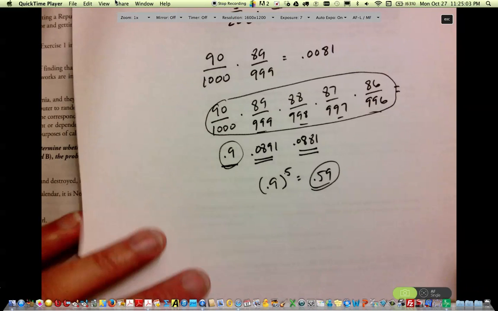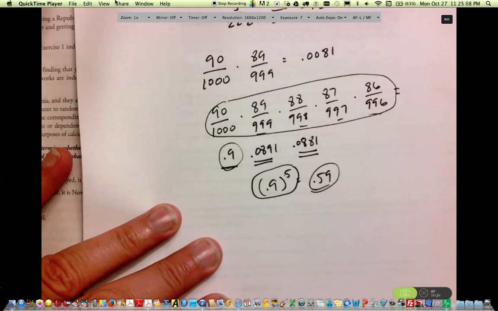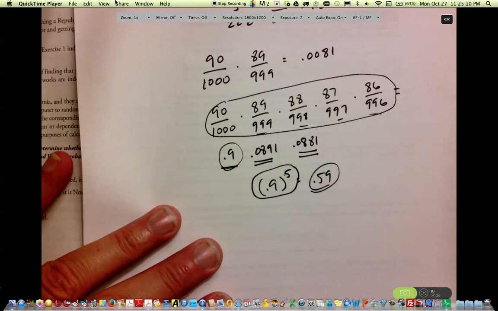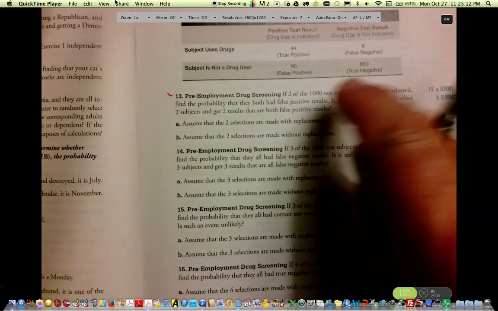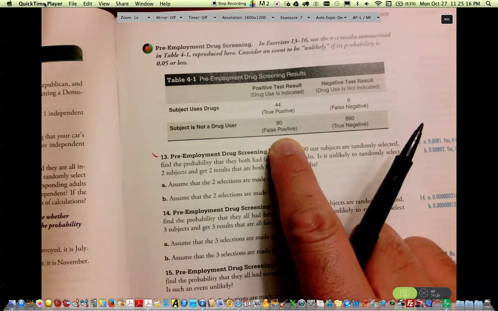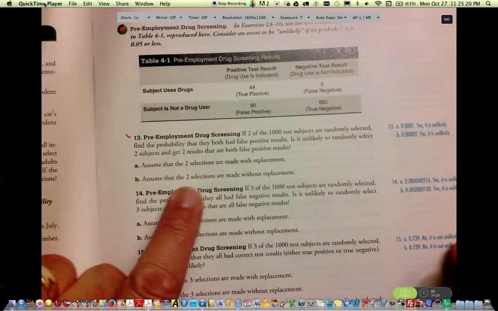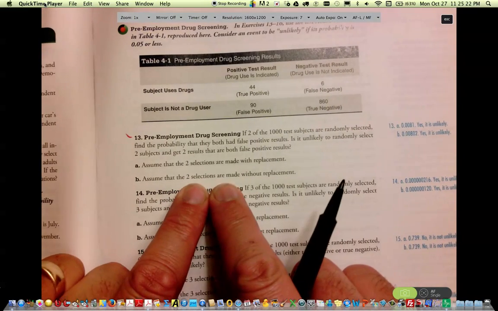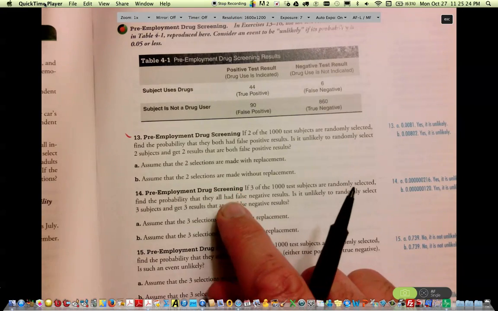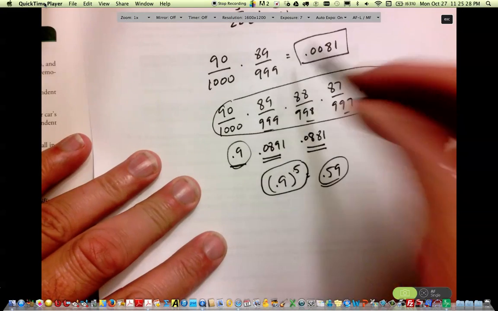So what we'd like to do is this amount of work here and assume that they are kind of independent. Really, selecting false positive results from this population is kind of independent. In this case we're only selecting 2 people. If I wanted to find that probability, it's this number right here.